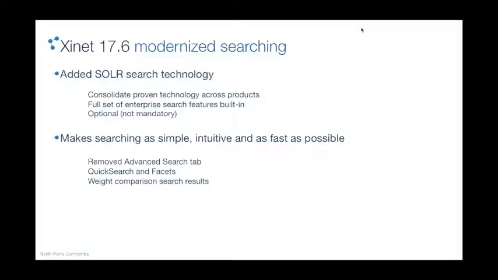One of the things we've also done is we've removed the advanced search area from the interface. And why did we do this? We've done it because we want to take the task of constructing those complicated search queries away from the end user.